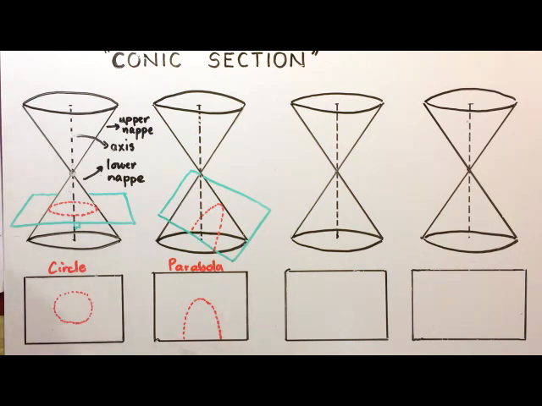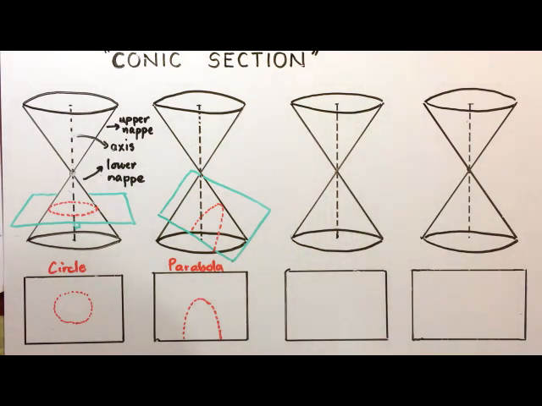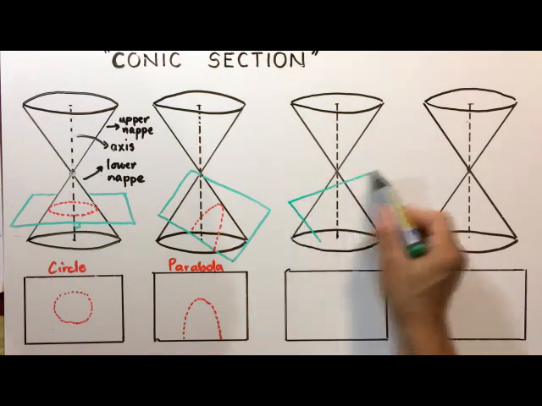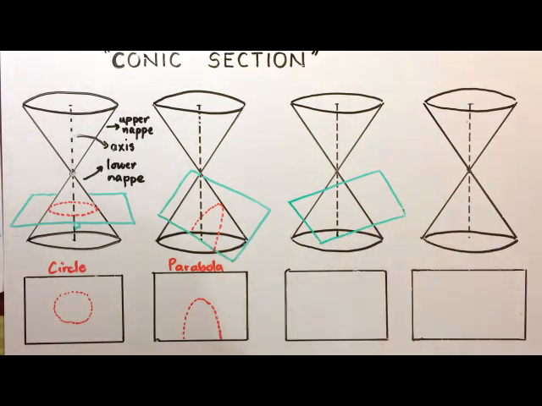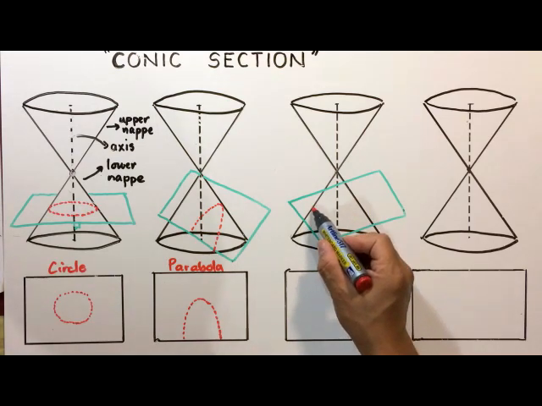Now, what if my cutting plane is not parallel to the side of the cone, and it's also not perpendicular to the axis of the conic? So what if my cutting plane is like this? What is the curve traced by this intersection? The curve traced by this intersection is like this.